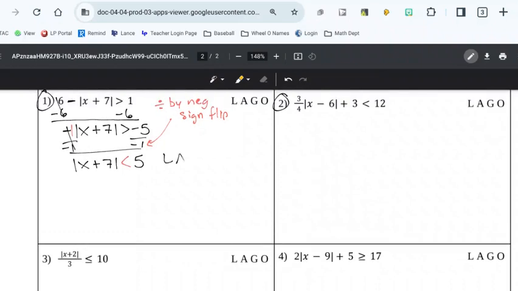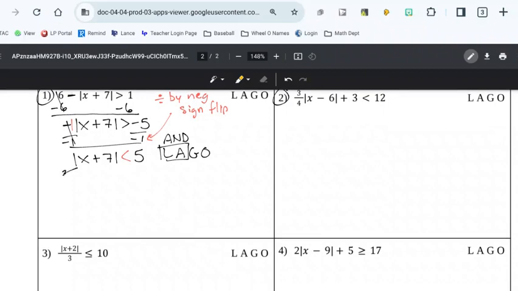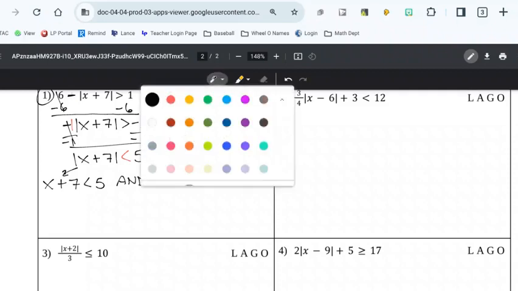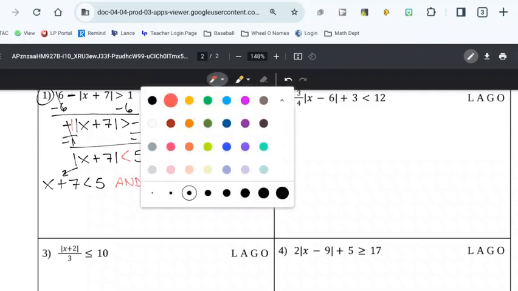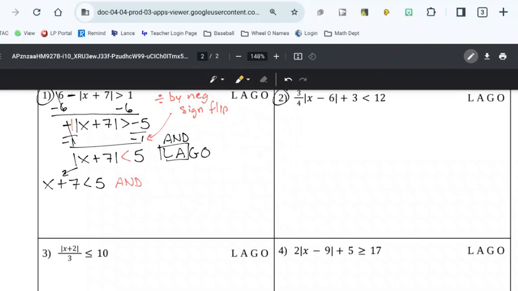Now that the absolute value is isolated, Lago, it is a less than sign. So we have another and problem. We split. X plus 7 is less than 5. And, oops, let me do my color coding here. And we have x plus 7.